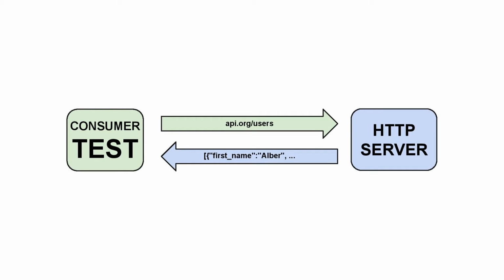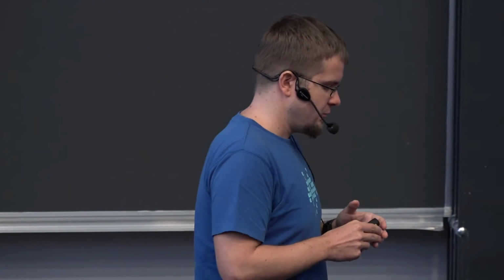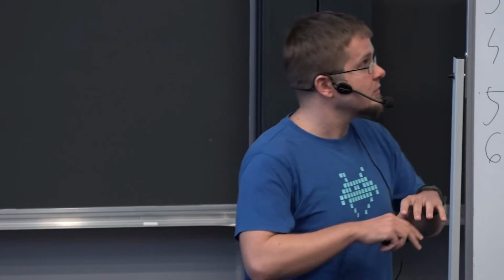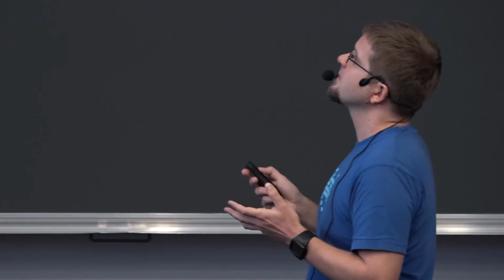But it means that if I, for example, replace stubs with an actual HTTP server, the application, of course, won't even notice. And that's what I'm going to do right now. I'm going to remove all stubs from my test suite and build another brand new API on top of them.